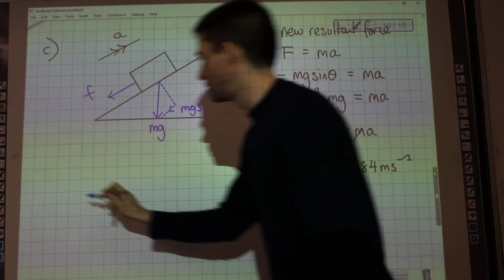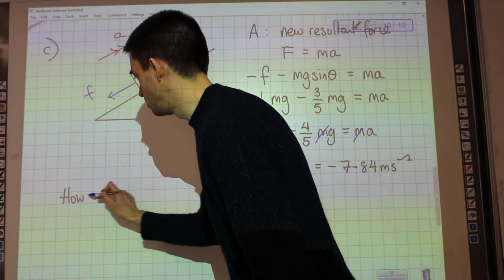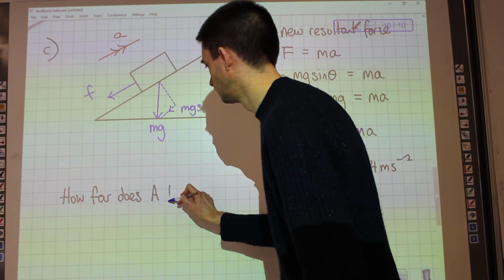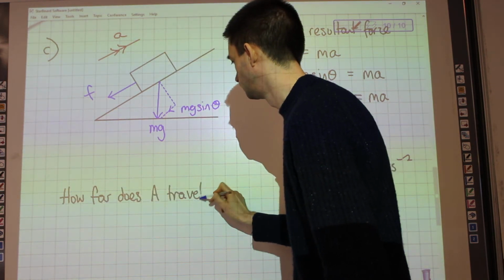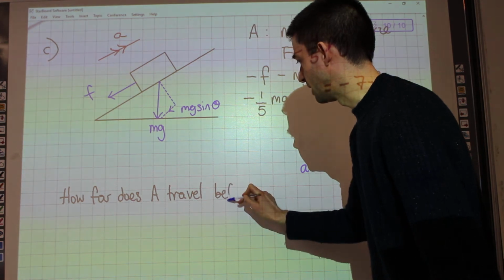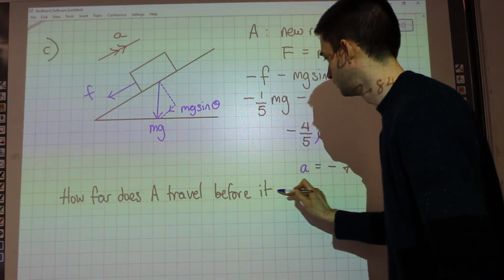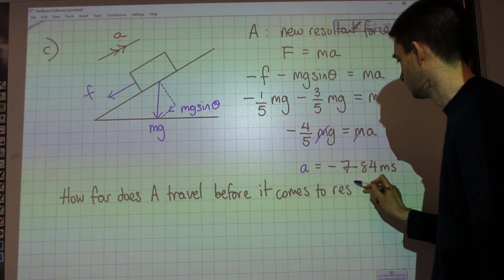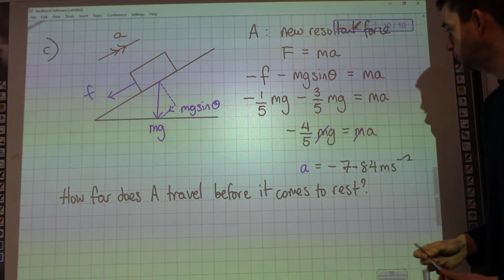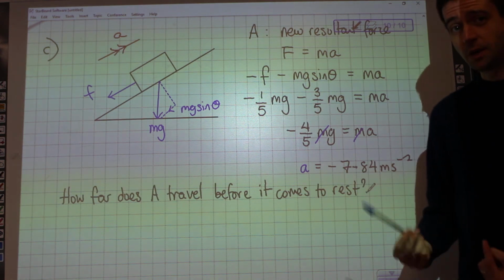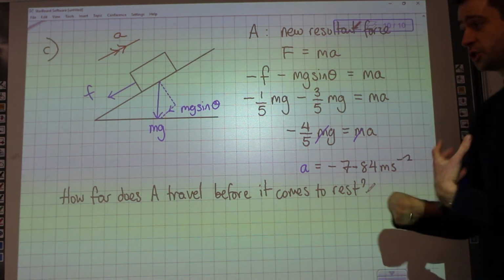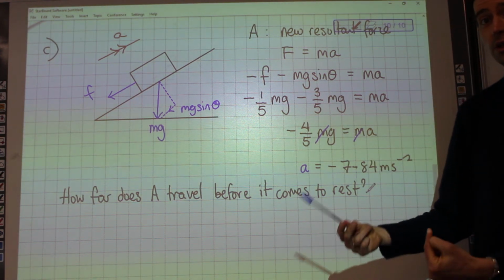And what we now want to ask is, how far does A travel before it comes to rest? At the moment, we don't have enough information to answer that question, because what we need to know is, what speed was A doing at the point when B hit the floor?